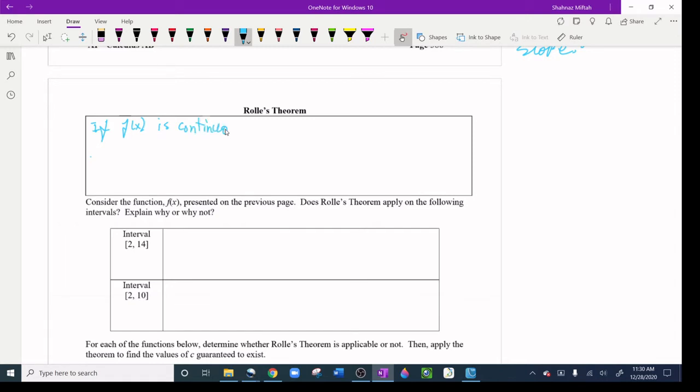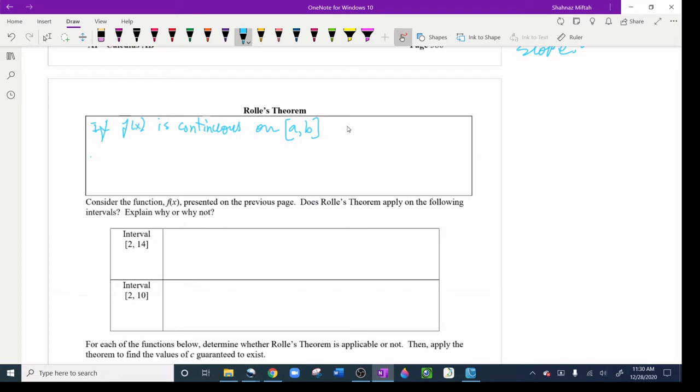The second condition is that it's differentiable, you can take a derivative of it, differentiable on AB, and the third condition is f of a equals f of b.